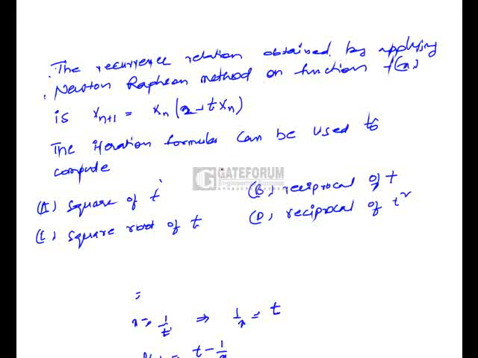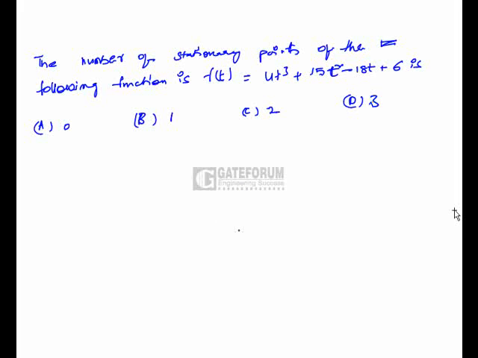So here this recurrence relation is used to find out reciprocal of t. The number of stationary points of the following function is asked. A function is given and we have to find the number of stationary points for that particular function. A stationary point is nothing but a point at which the derivative of that function becomes 0.